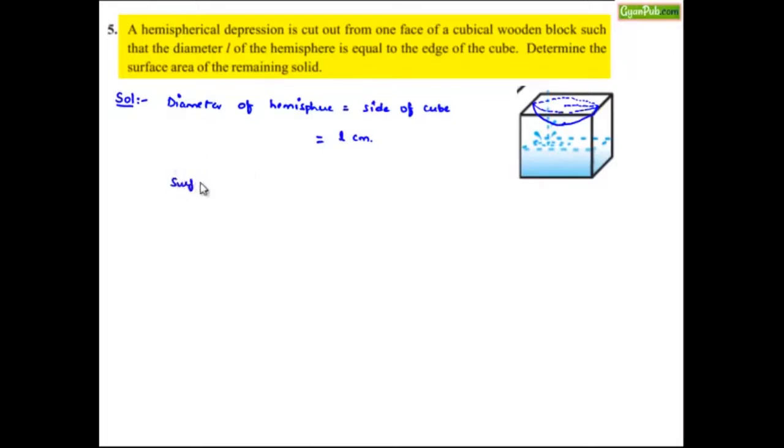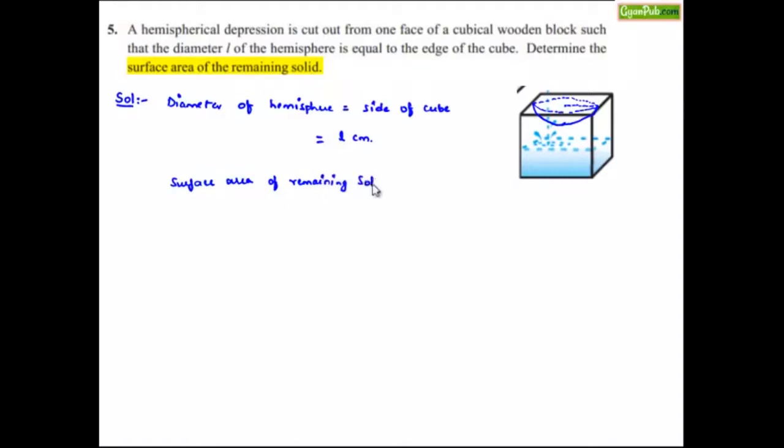So here the surface area of the remaining solid is equal to surface area of cube plus we need this curved surface area of hemisphere minus we need to eliminate this circular portion, so area of circular portion.